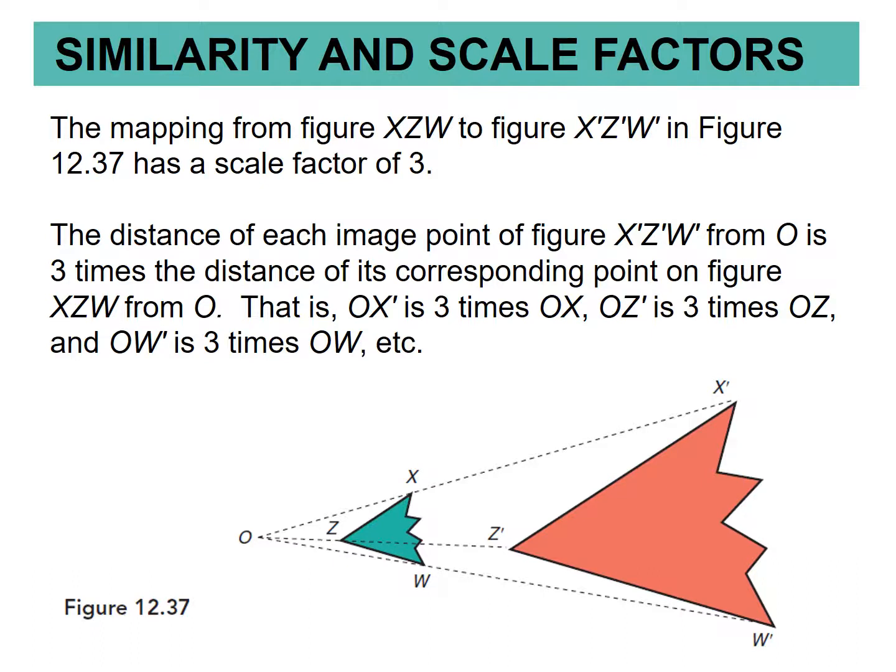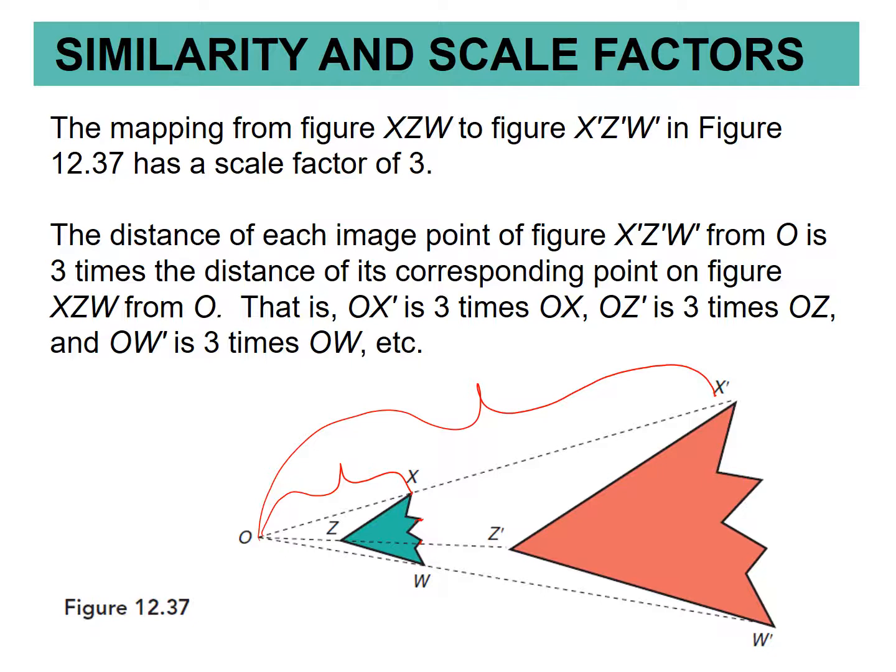So here we have a mapping of this smaller, crazy little figure onto another. Not all the points show all the corresponding points with them, like the points here and here. They're not all mapped. But we can see just from a few of these points that from O to X, that distance, and this distance, the larger distance turns out to be 3 times the smaller distance.